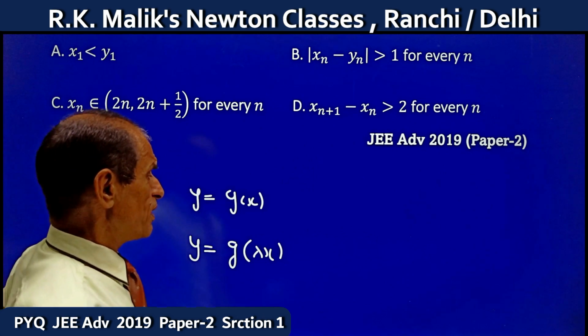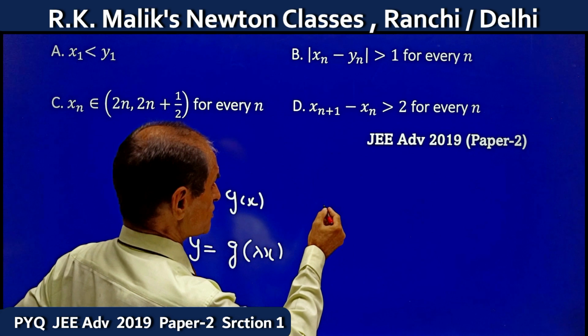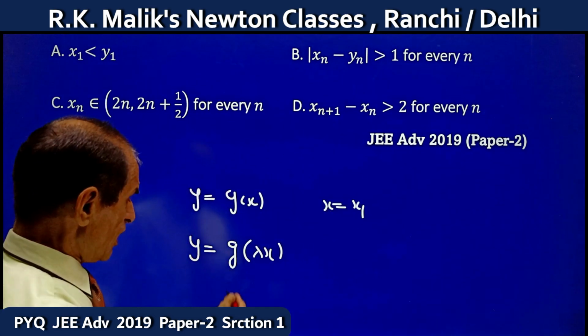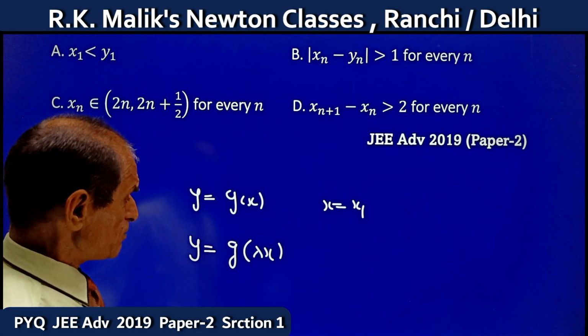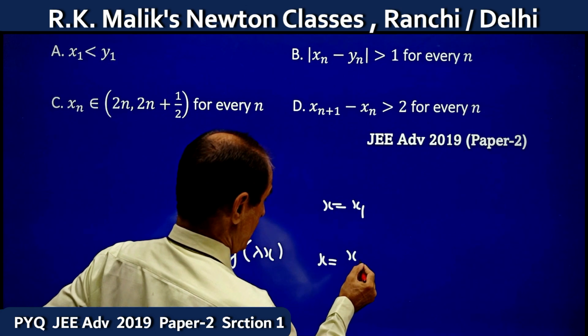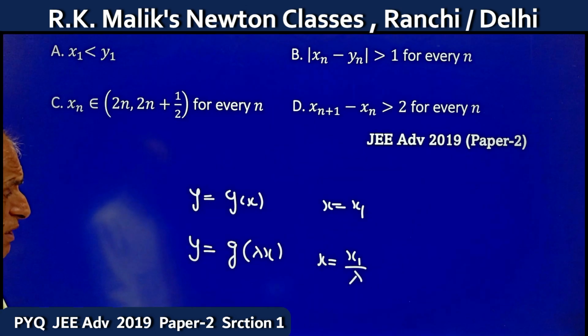The only difference will be, if previously local maxima was there at x equal to x1, now the local maxima will be there when x is x1 upon lambda. Everything else will remain the same. Many times this trick reduces our calculation, and in those questions we use this trick.